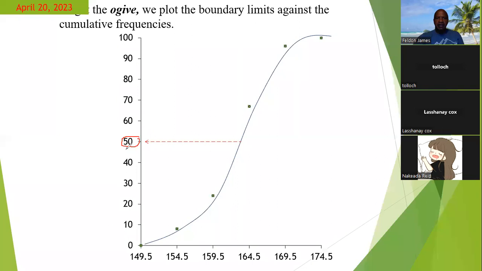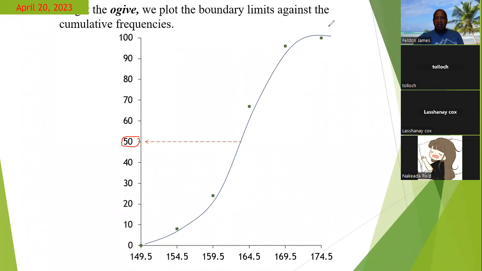Now, your mid value here should correspond to your median value, but your median value is going to be on your x-axis. So the mid value on the frequency will correspond to the median.